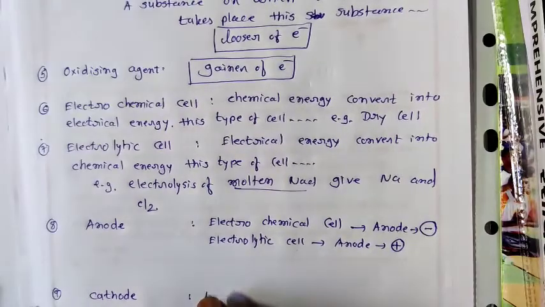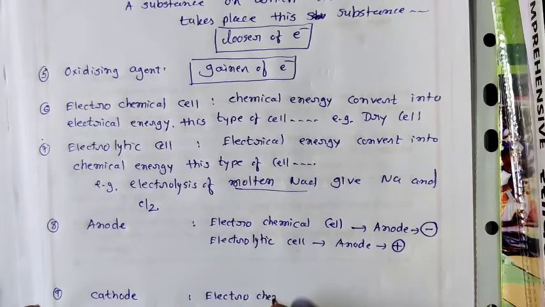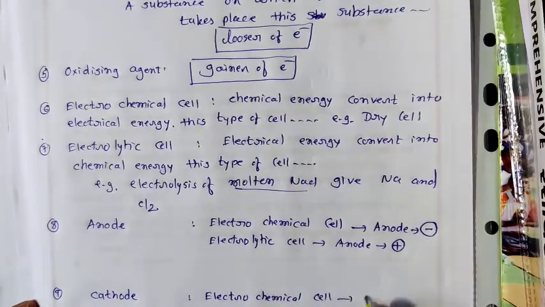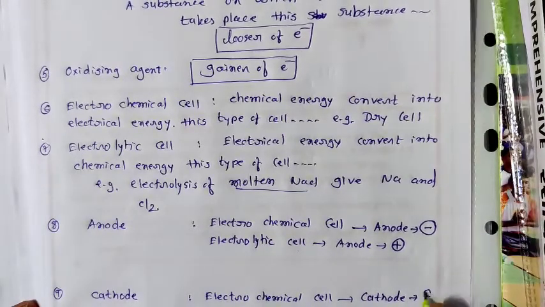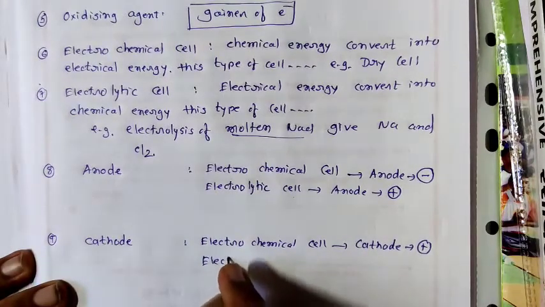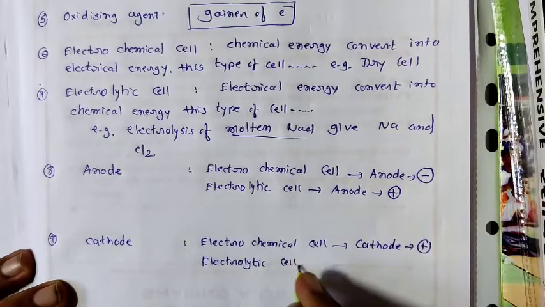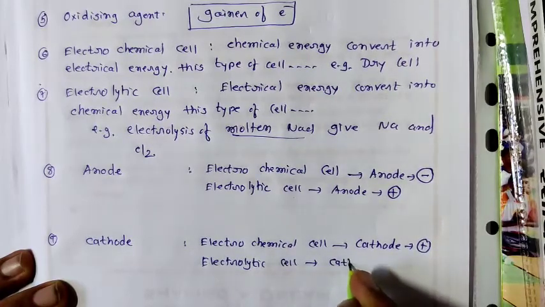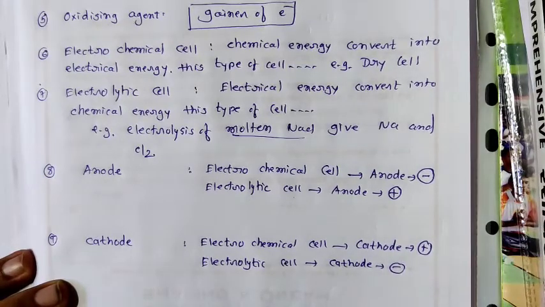And in the same way, for an electrochemical cell, cathode has positive charge, while in an electrolytic cell, cathode has negative charge, positive and negative, both in opposite directions.